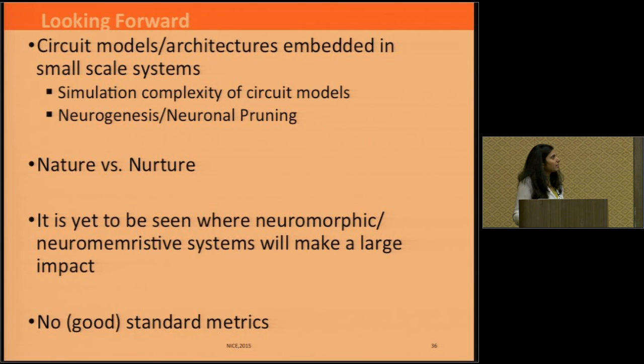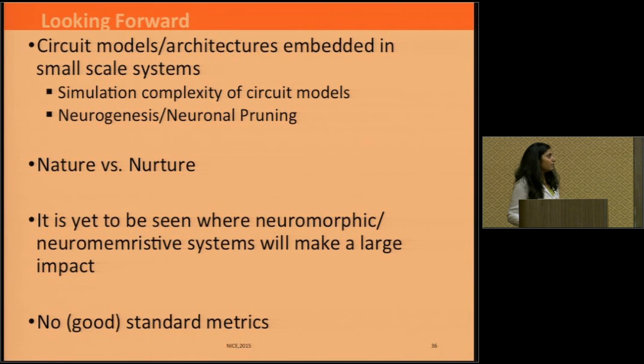A lot of things like potential synapses or dendritic computations are not inbuilt in our designs. The other important thing is nature versus nurture. In traditional systems, the evolutionary process gives you inbuilt features, and then you nurture those to build stronger connections. How we actually realize that kind of behavior in hardware is yet to be seen.